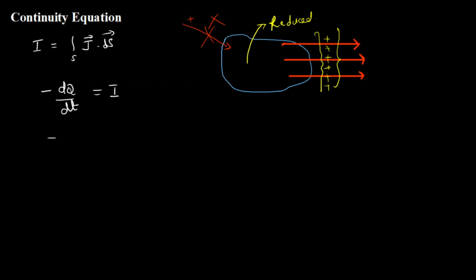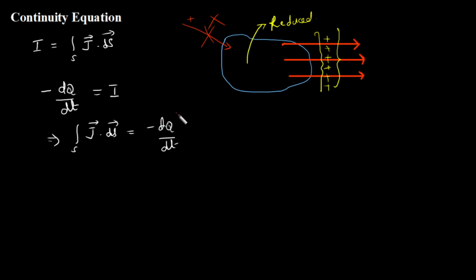Now current is nothing but surface integral J dot ds. So surface integral J dot ds is equal to minus dq by dt. This is very straightforward. This is directly from the principle of conservation of charges, and remember that this negative sign indicates that this is a decrement in charge.